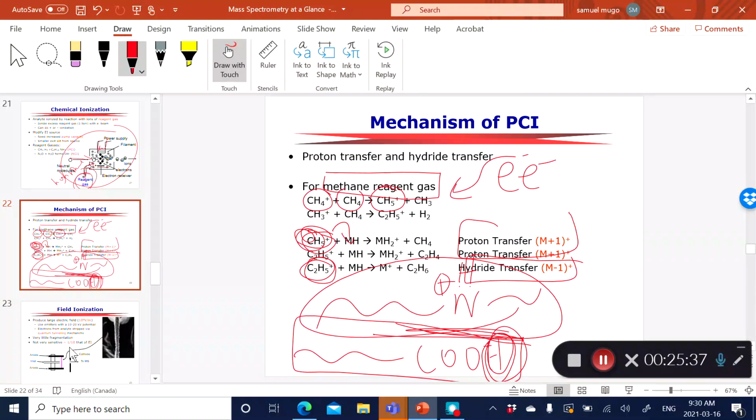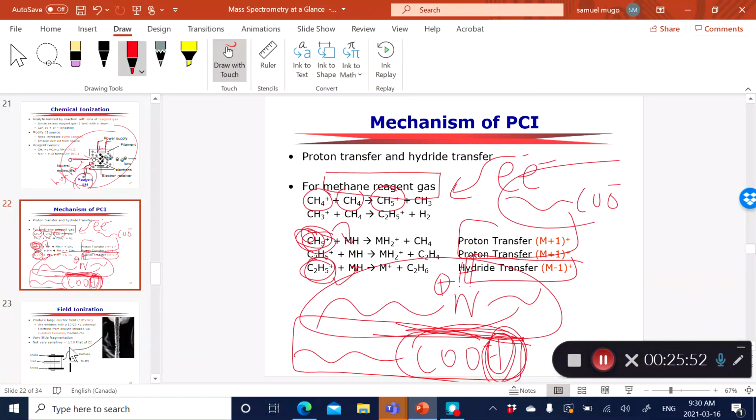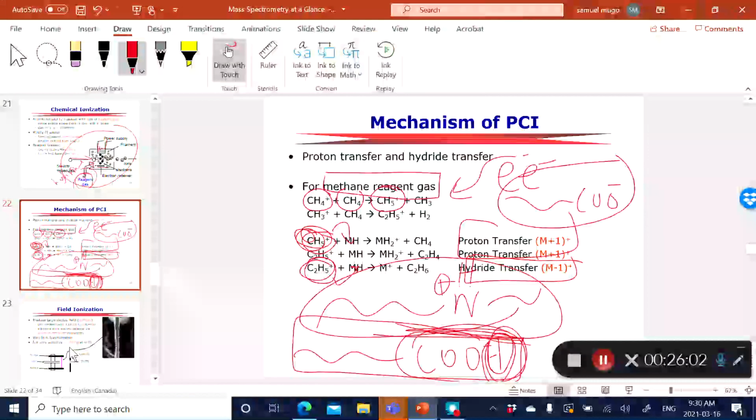adduct that came from the reagent gas can react with the analyte, possibly one that has a carboxylic acid. Deprotonation happens, and you lose that proton, such that you are left with something that looks like that, again, that is ionized. So you can see the different mechanisms by which protonation would happen in chemical ionization.